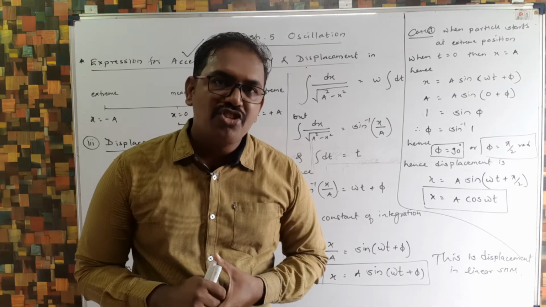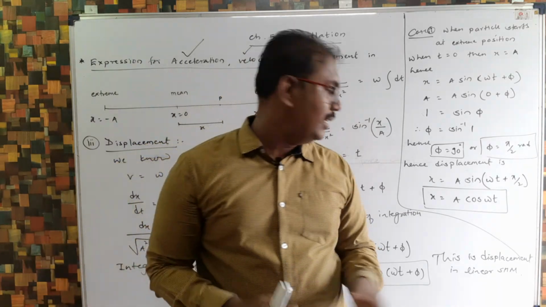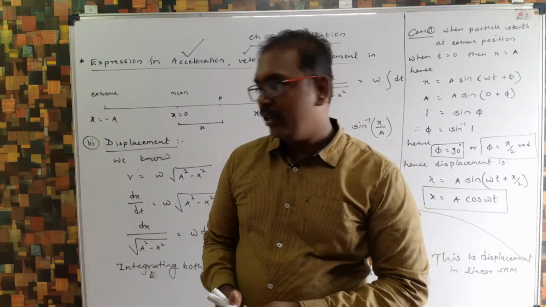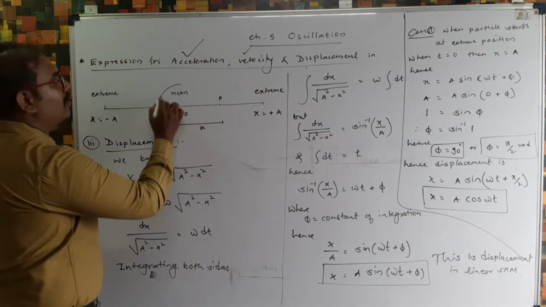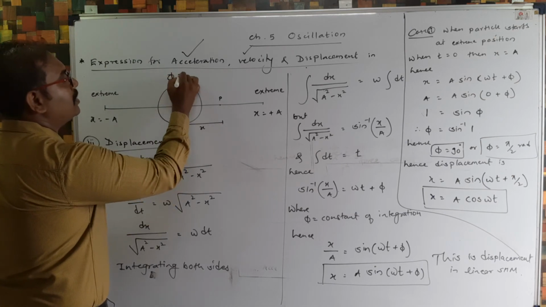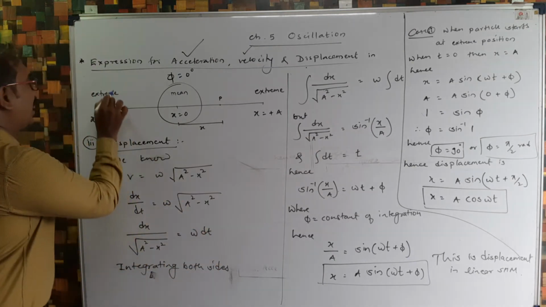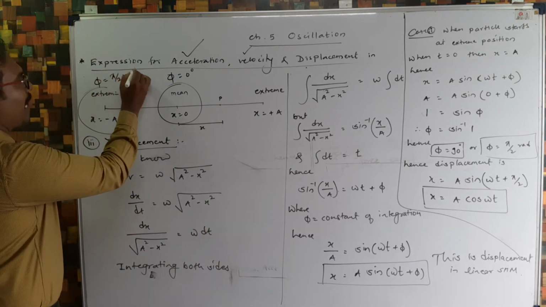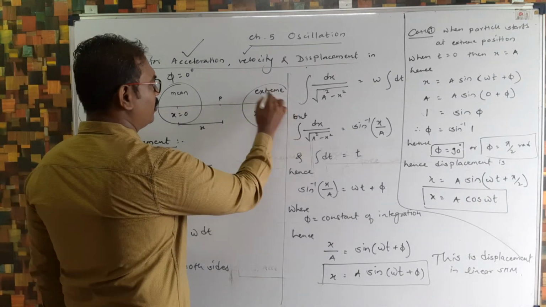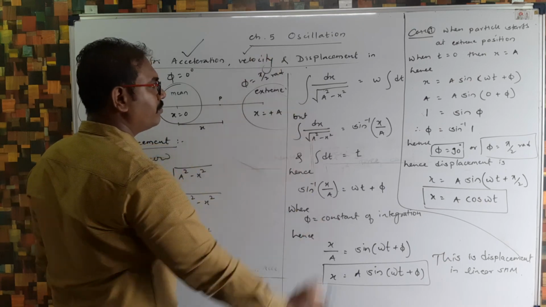And if particles start at extreme, then displacement is a cos omega t. Or some more points you can remember. At mean, the phase is 0. 0 degree, 0 radian, anything you can write. At extreme, the phase is pi by 2 radian or 90 degree. So here also, the phase is pi by 2 radian.